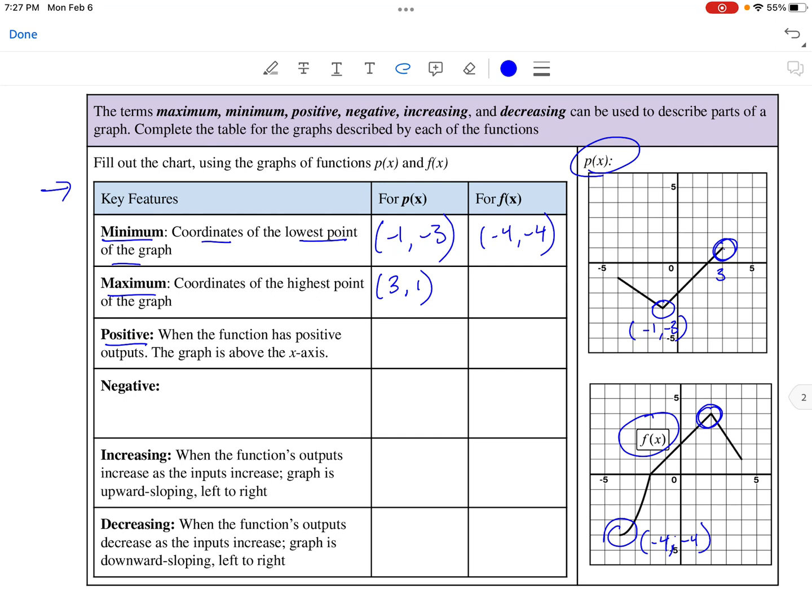Okay, so positive, when the function has positive outputs, that's going to be kind of a range. We're going to use an inequality for that. So this function has positive outputs for this part of it right here. Those are all positive outputs. Remember, the output is on the vertical axis, so the graph is above the x-axis.